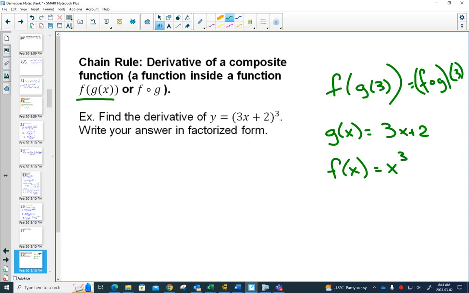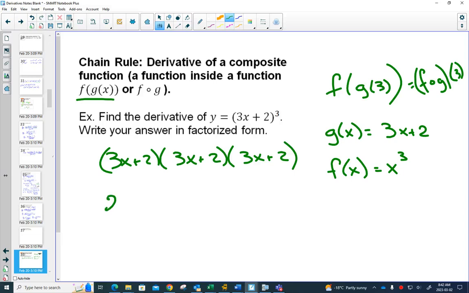Right now, if we wanted to find the derivative of this, our only option would be to multiply out 3x plus 2 times 3x plus 2 times 3x plus 2, which wouldn't be very much fun, but is doable. For example, we'll do the easy parts: 3x times 3x times 3x, you would start off with 27x cubed.